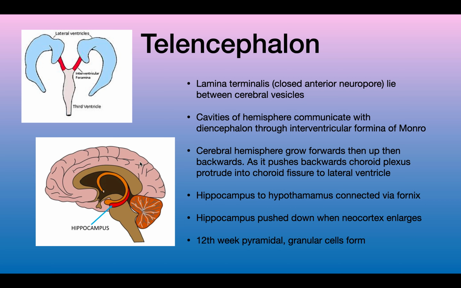And then as it pushes backwards, the choroid plexus is going to protrude into the choroid fissure to the lateral ventricle. And then the hippocampus is going to be connected to the hypothalamus via something called a fornix. Hippocampus is going to be pushed downwards when the neocortex enlarges. And then in the 12th week of development, pyramidal granular cells form.